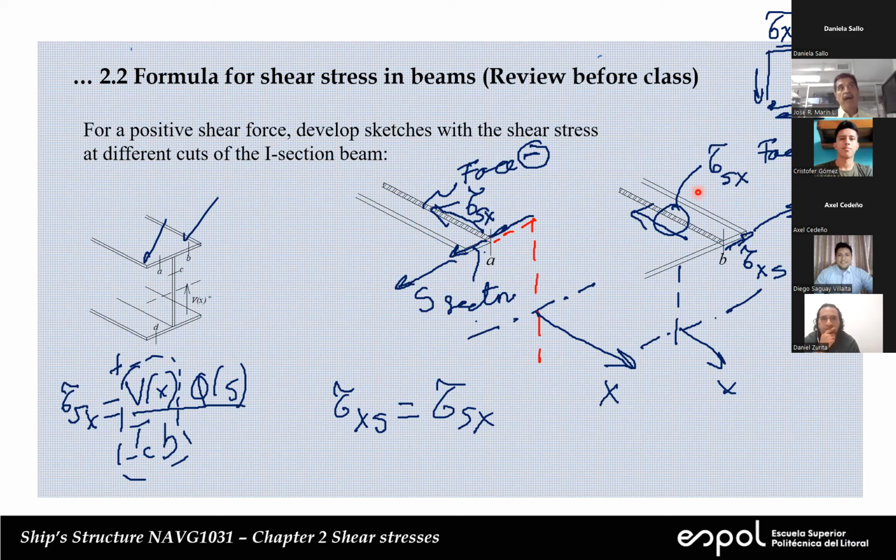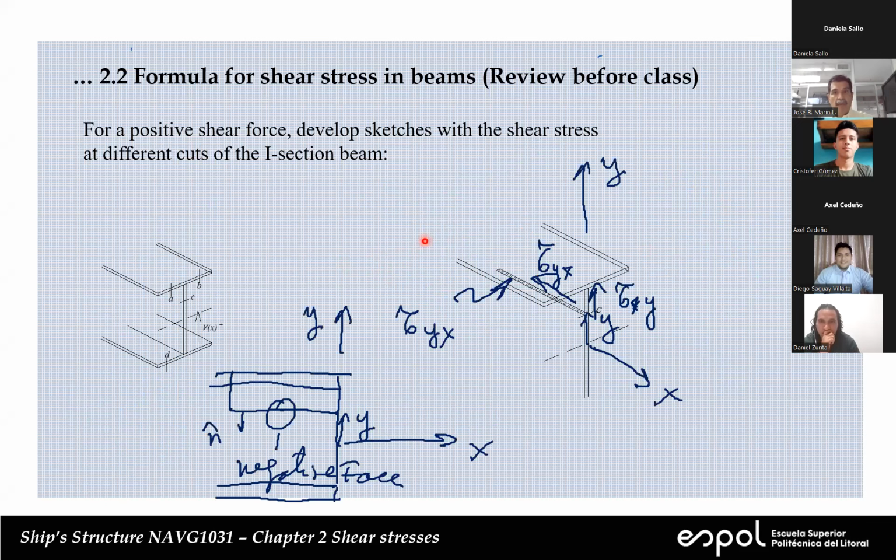In this case, it is tau, right? So we have to be very careful with that, okay? Because the directions are very important. So we have this direction, and that would be tau xs, like that, okay? And then this is the opposite of this one, and it has an explanation. Then we can make a cut at C down here, okay?